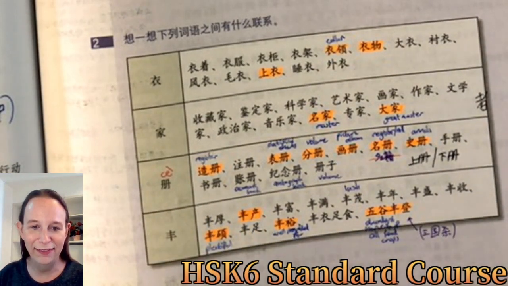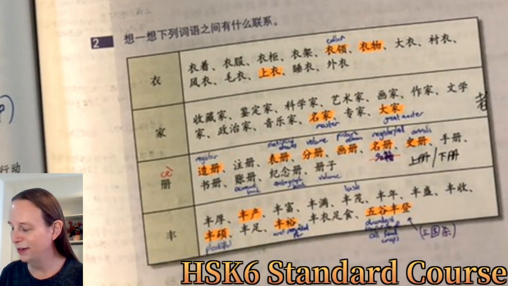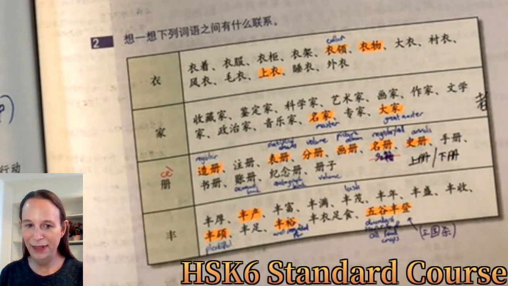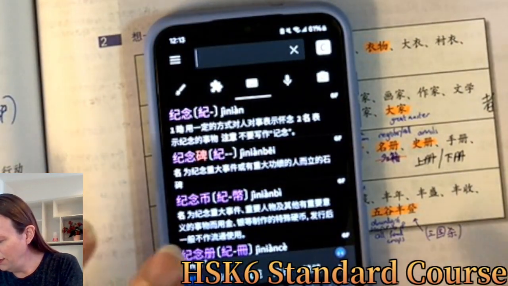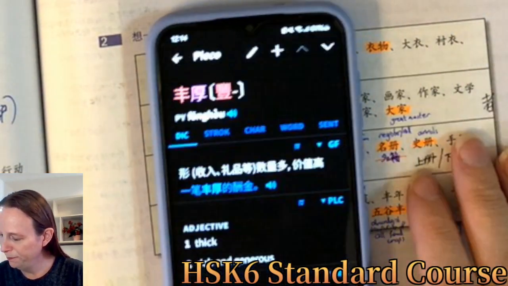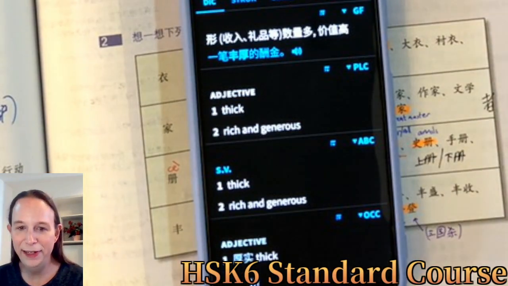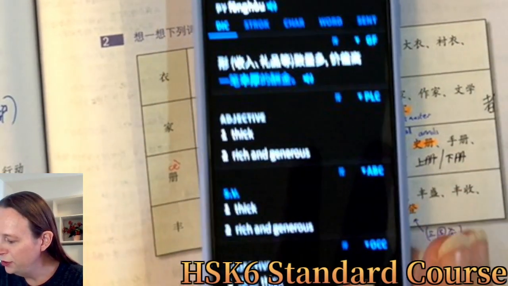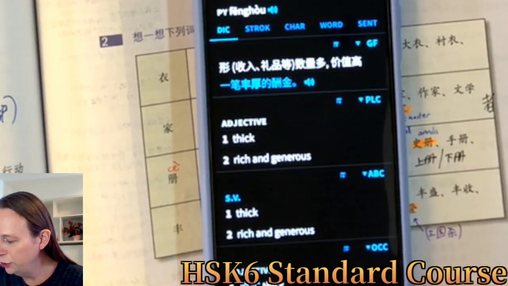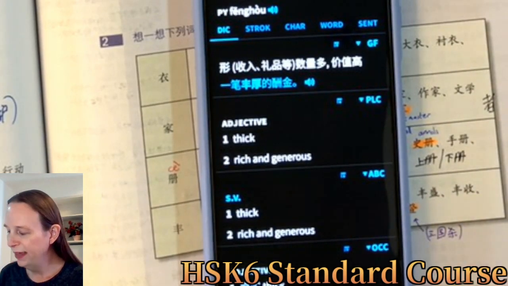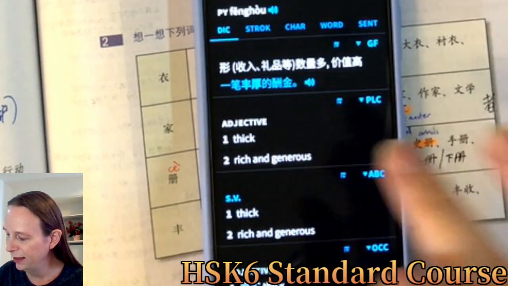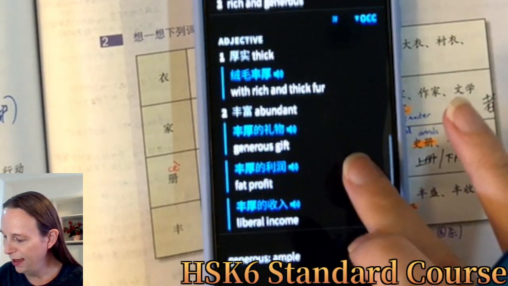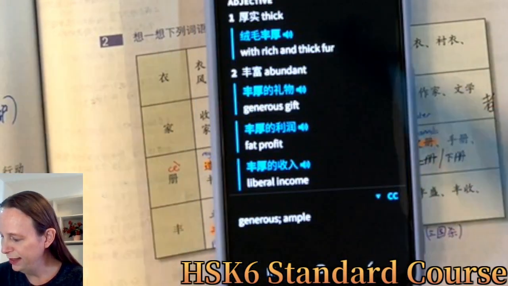Yeah, 丰厚 is kind of like plump, or plentiful. Let's have a look. 丰厚. Yeah, thick, rich, generous. Okay. 收入礼品等数量多价值高. Yeah, so income, 礼品 gifts. Okay, 丰厚.